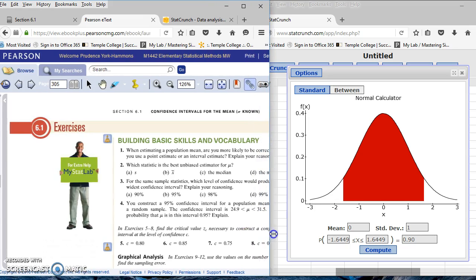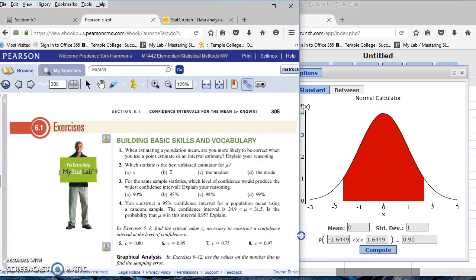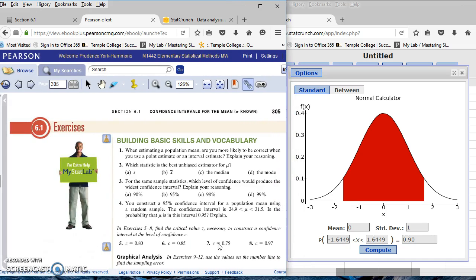I'll scoot this over just a little bit further so you can see the instructions. It says, find the critical value Z sub C necessary to construct a confidence interval at the level of confidence C. So for number 6, our C value is 0.85.